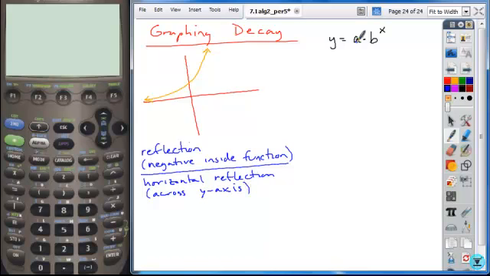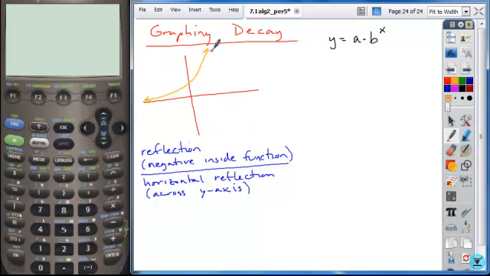And remember, if a is a negative value, the reflection is outside the function, so it's a vertical reflection. It gets reflected across that asymptote or across the x-axis. But if there's a negative inside our function, so if it applies directly to our x, the reflection is going to be sideways. It's horizontal, left to right.